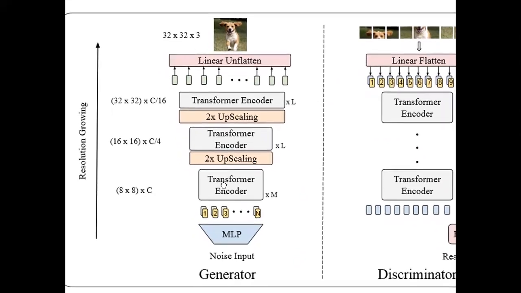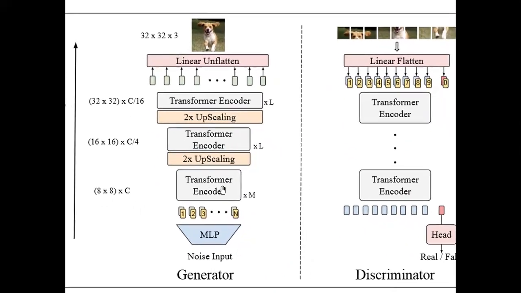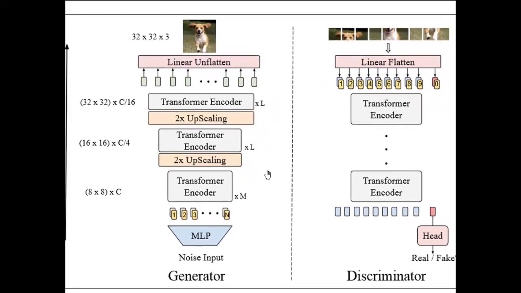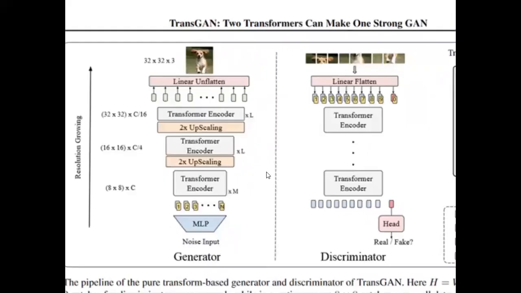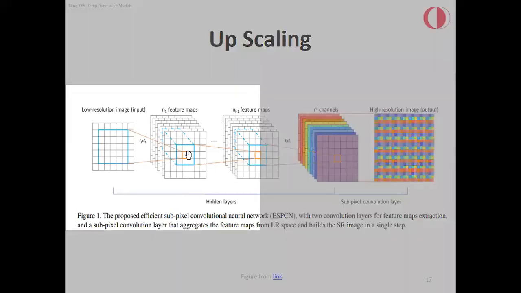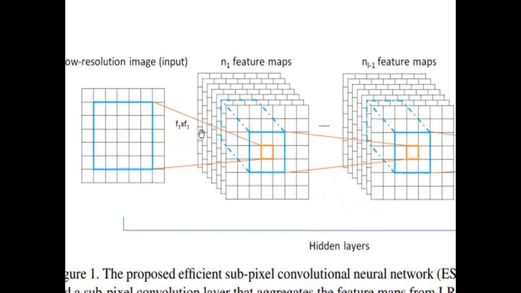Here, this model, TransGAN, is really computationally efficient, because here we upscale the image. For example, in the ConvNet, we have a high resolution image, but fewer channels.